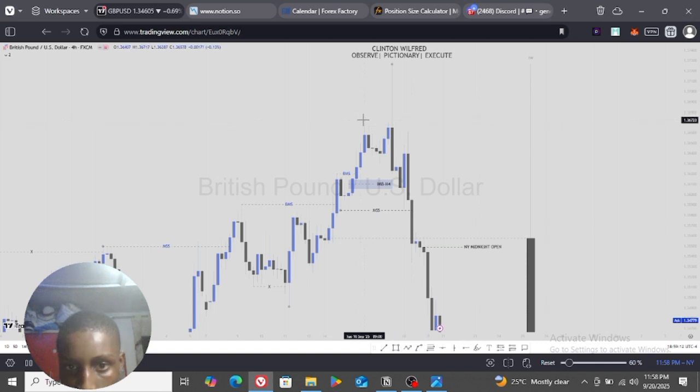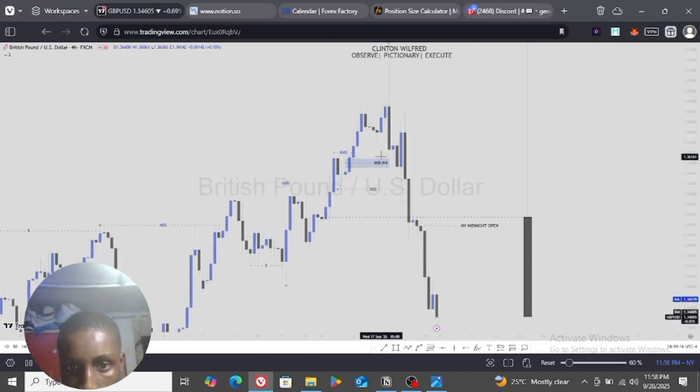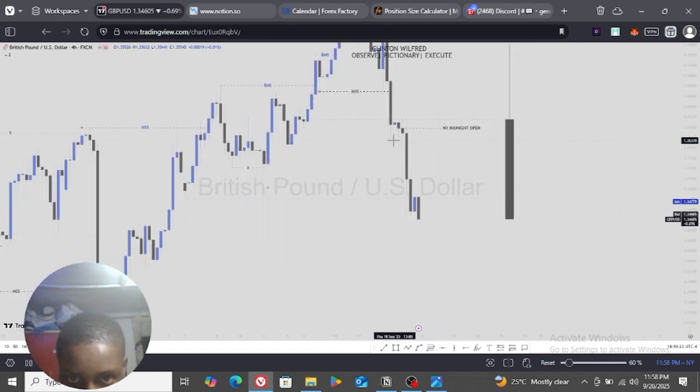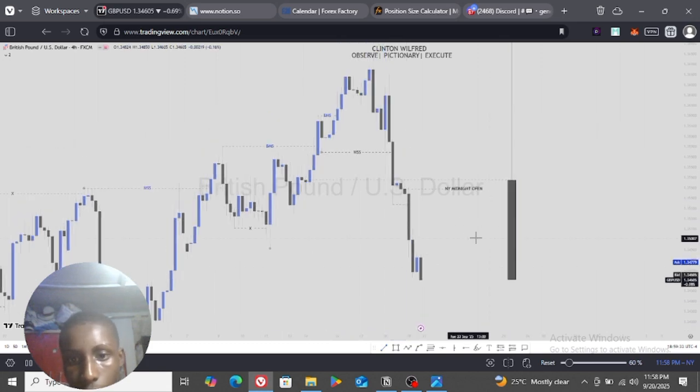We have price sweeping liquidity of that high, then we've been trending down to the low. We're trending down. Let's stretch it: 1, 2, 3, 4. Okay, we have a break right there.